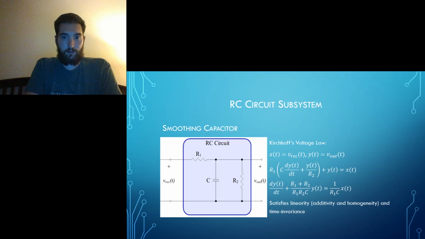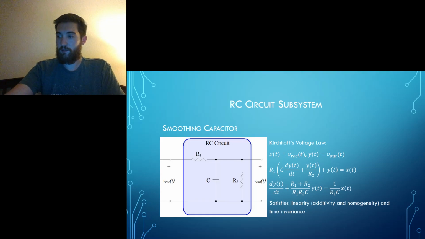You can add an x1 and an x2, and your output will also be y1 and y2 added together correctly. Same with homogeneity, you can scale x1 and y1 will be scaled as well by the same amount.